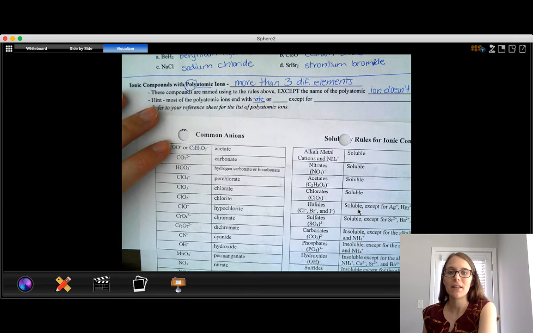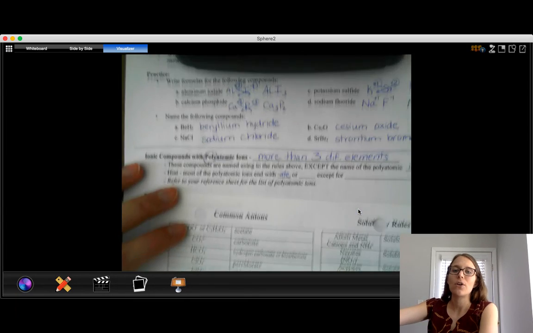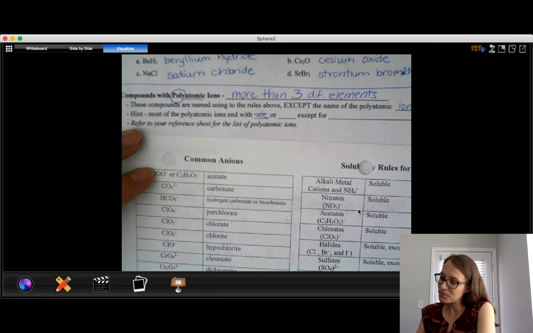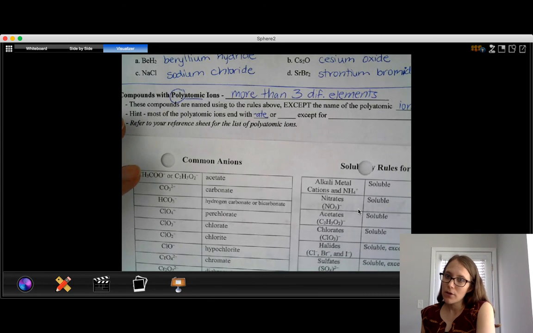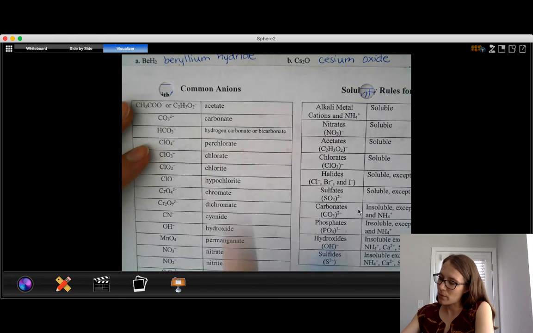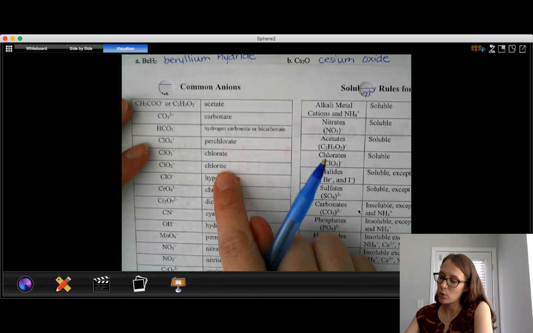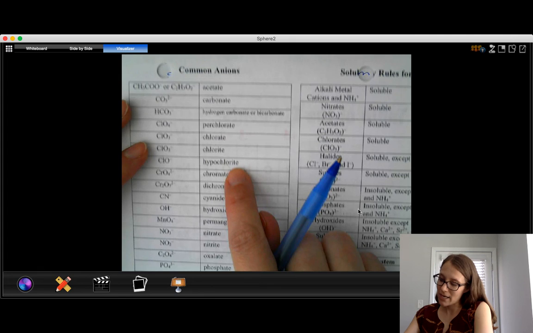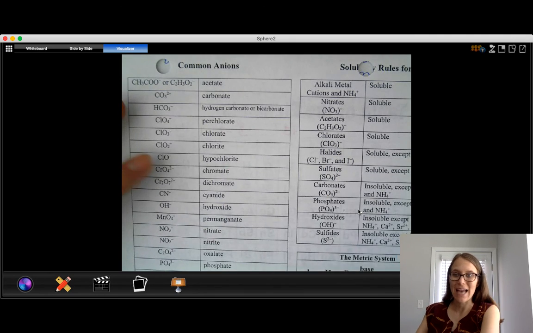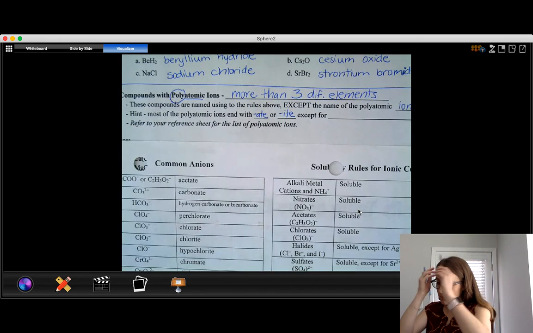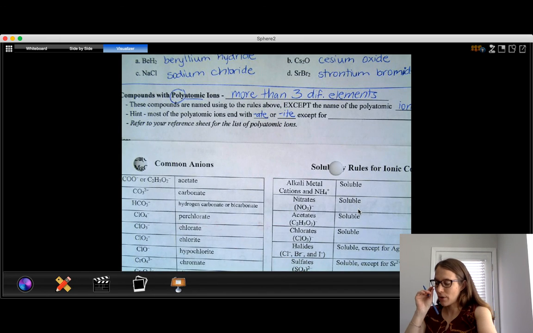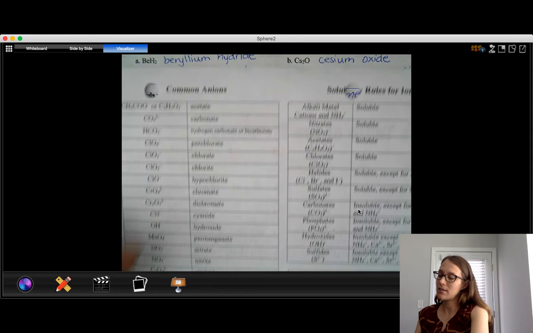So if you see something that ends in ate, that tells you to look at your reference sheet. Another ending you'll see a lot is ite, like chlorite and hypochlorite. There are a couple of exceptions on your reference sheet that don't end with ite.